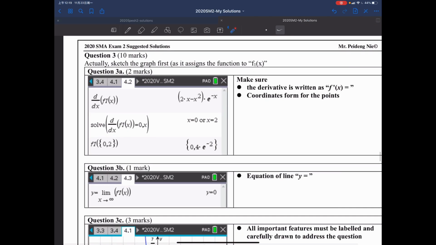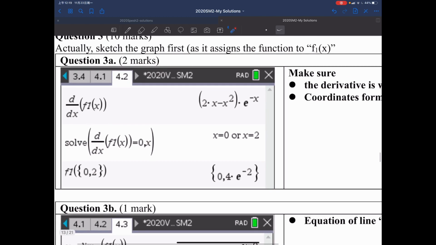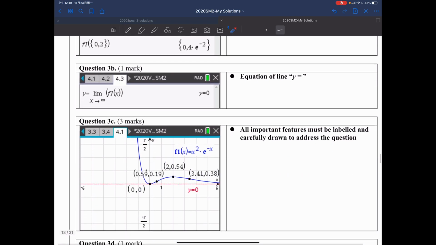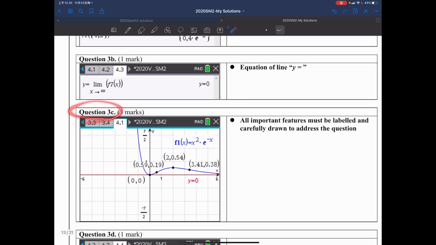Obviously, I actually sketch the graph first by creating a new problem on my document. And f1 of x is already sketched as shown in question 3c, okay? Which is this guy here. You can see it's in bold font, which means it has been defined.